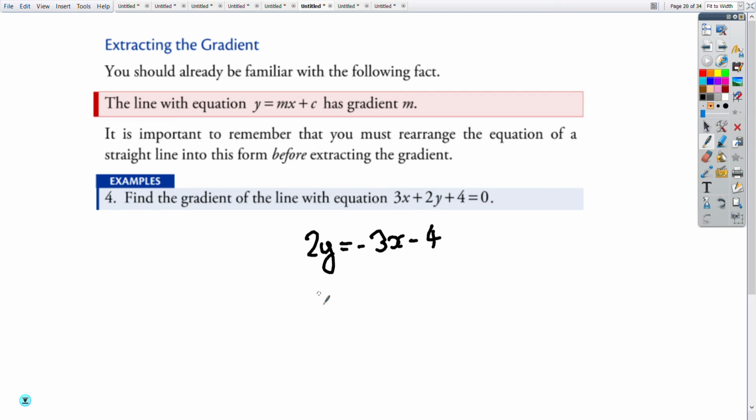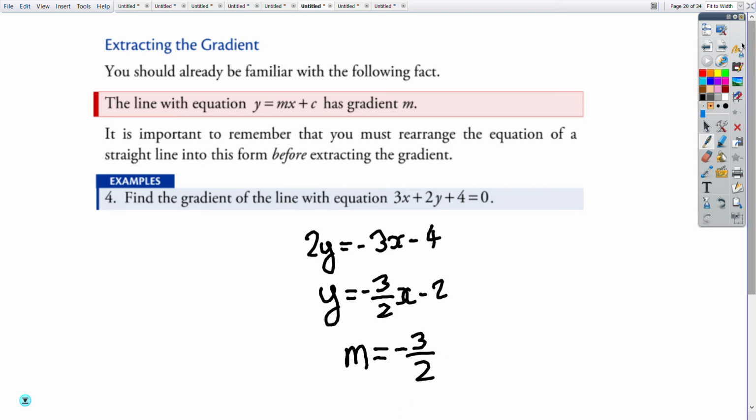Divide both sides by 2. Y equals -3/2 x minus 2. So we're comparing it to y equals mx plus c. The gradient is then -3/2.